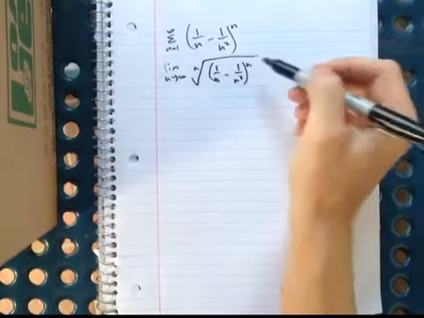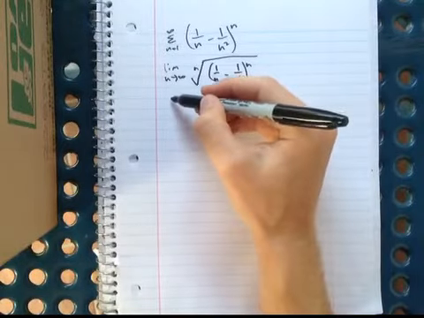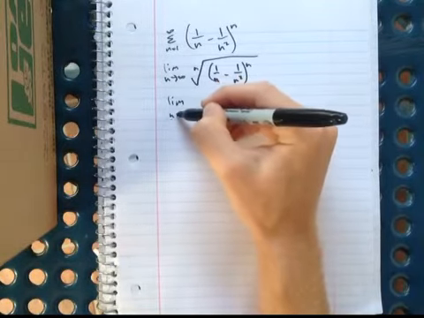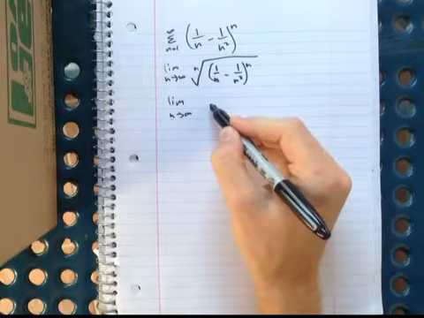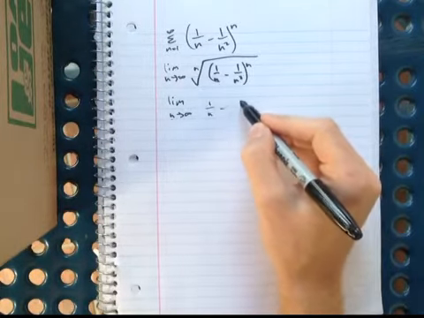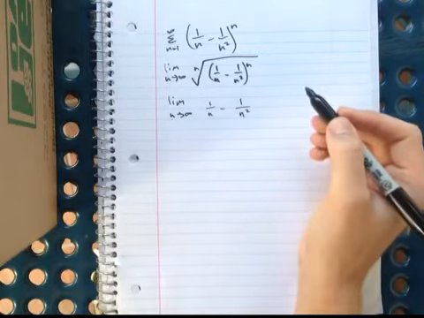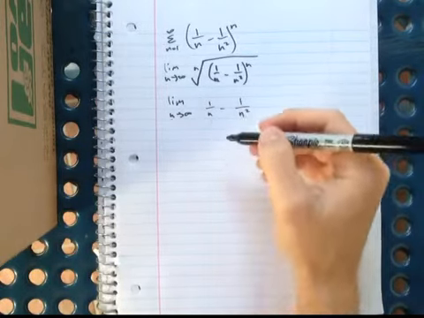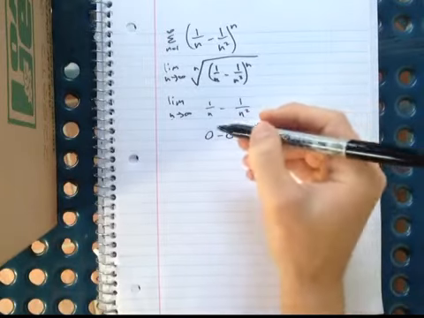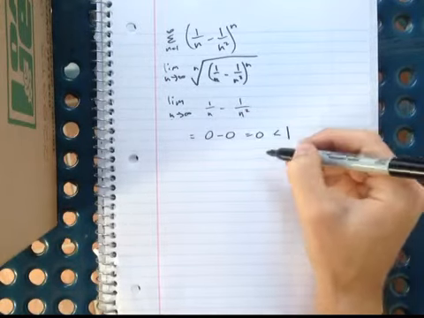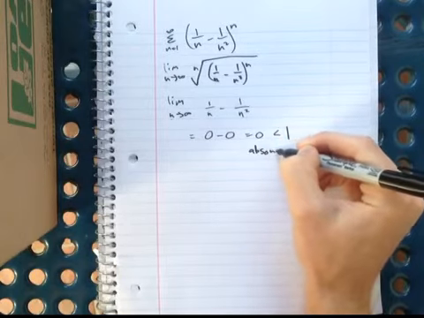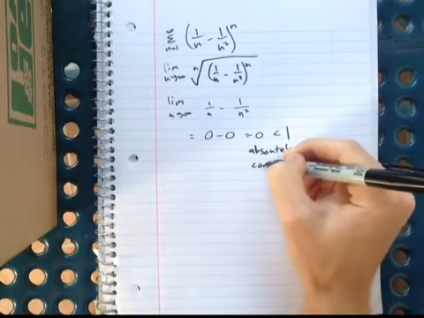Now those n's will cancel each other, and we have the limit as n goes to infinity of 1 over n minus 1 over n squared. And what you'll get from that is 0 minus 0 equals 0, which is less than 1, and again we get absolutely convergent.